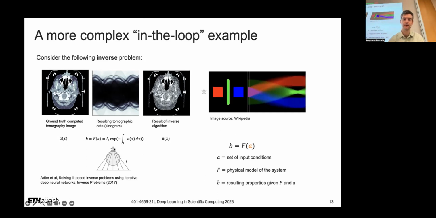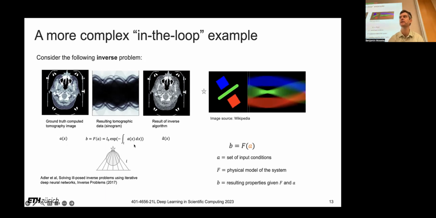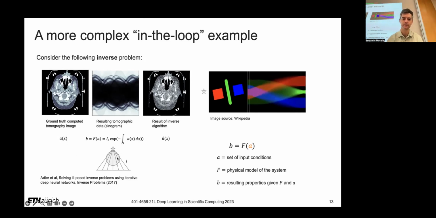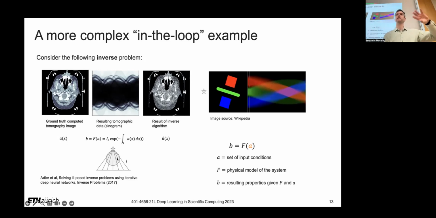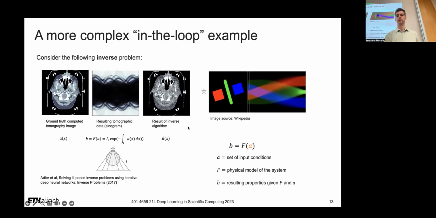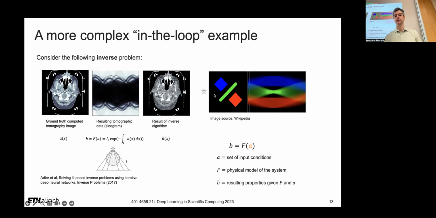We know that the final amplitude recorded at the detector is just an integration of that amplitude profile in space. We just integrate along the lines that the X-ray travels. The other way these machines work is they usually spin the target around. Imagine X-rays shooting out and recording their amplitude on the screen as it rotates around. You can see the data it's recording, and it records these sinograms.